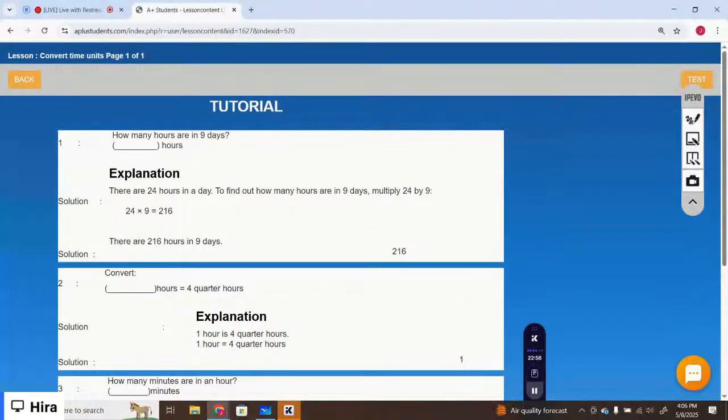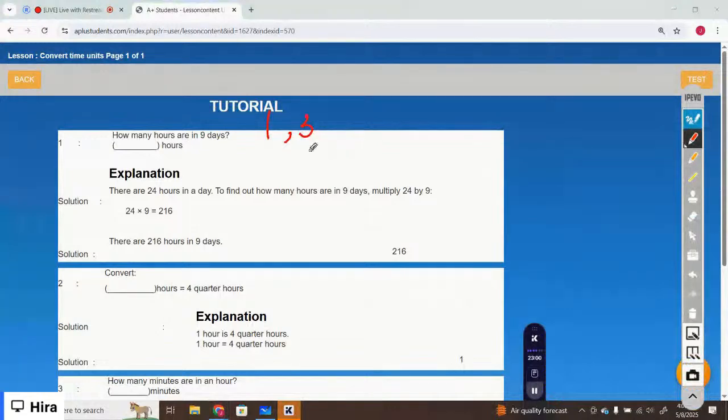So in one day, there are 24 hours, right? You need to calculate how many hours in 9 days. So you have to do 24 times 9. 24 times 9 is 216. 9 times 24 is 216. So that means there are 216 hours in 9 days.